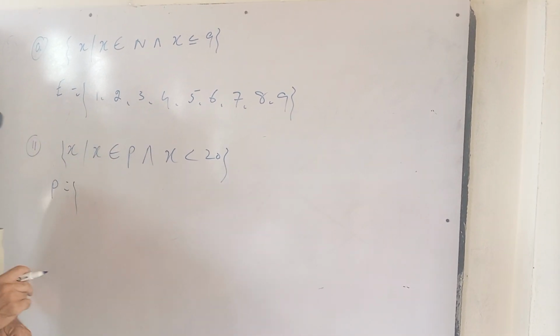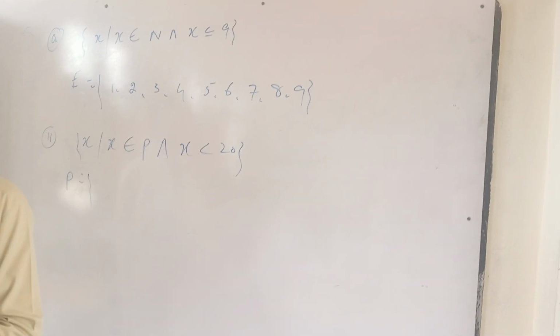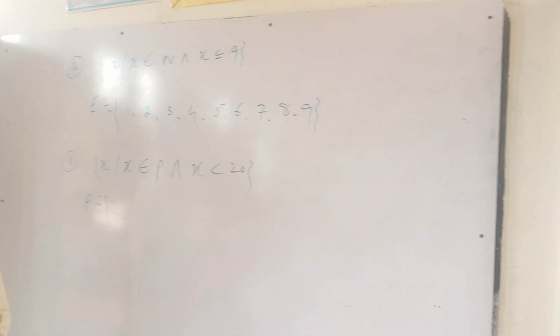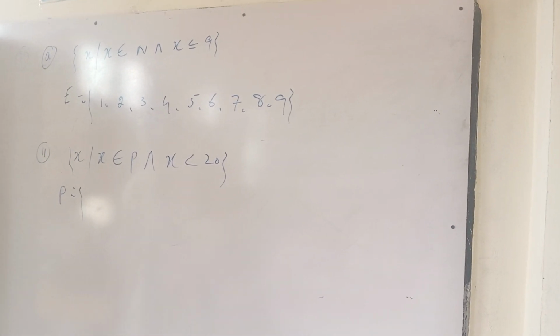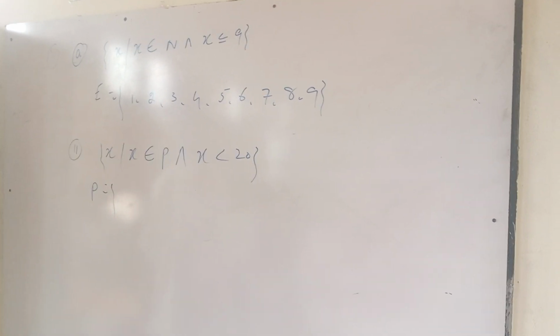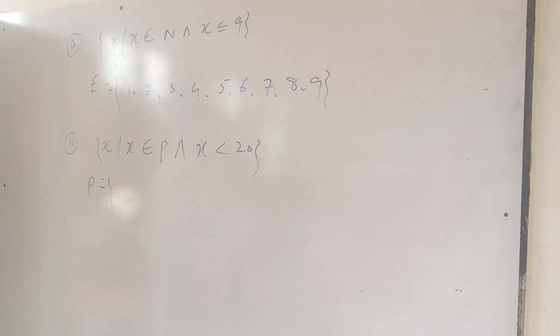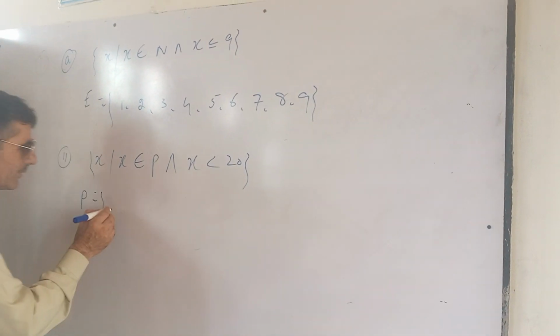prime numbers. So from which number shall we start the prime numbers? 2. Whether it is prime or not, 2 is a prime number because it is divisible by 1 and by itself, 2.